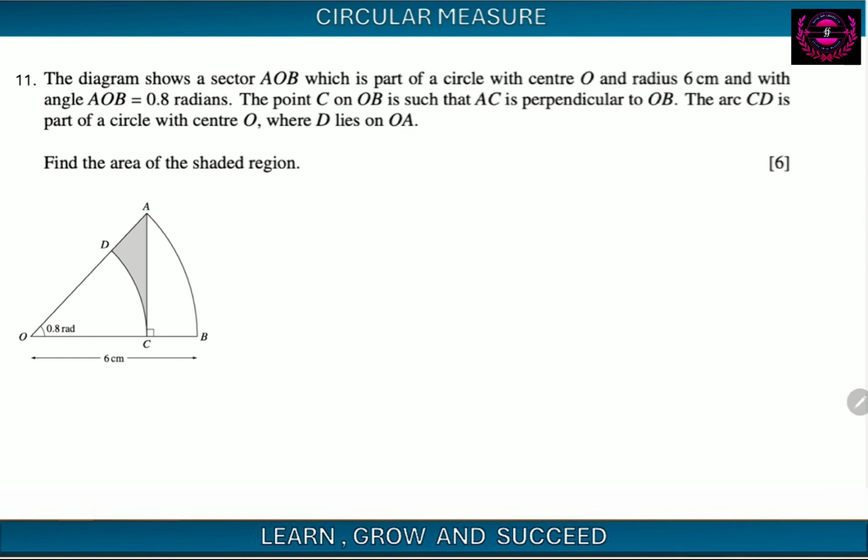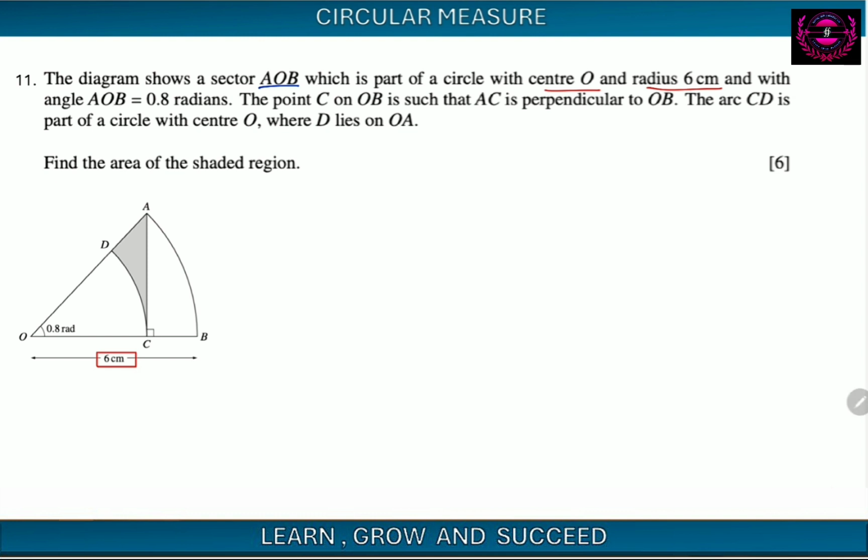Read question 11. The diagram shows a sector AOB, which is part of a circle with center O. So center is O and radius is 6 centimeter. So this is radius 6 centimeter, and sector is OAB. Pause the video and read the question first, so you will understand by yourself.